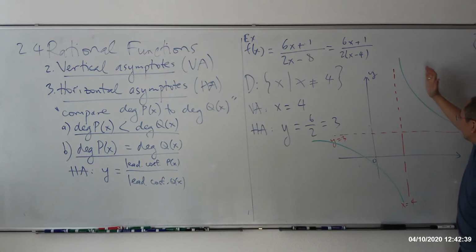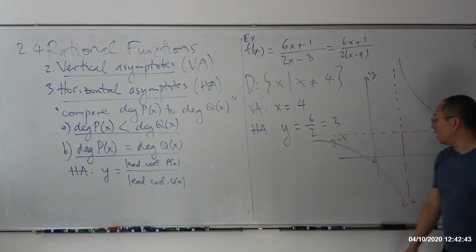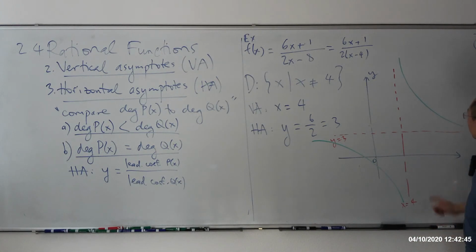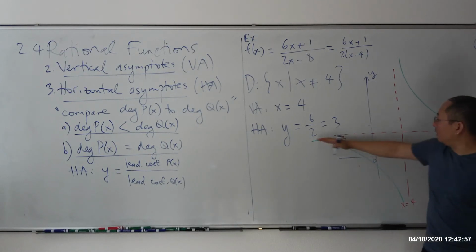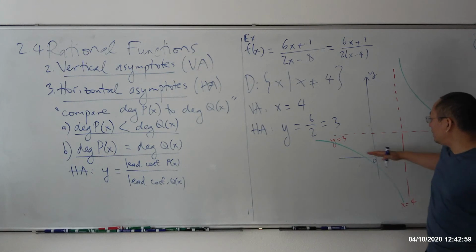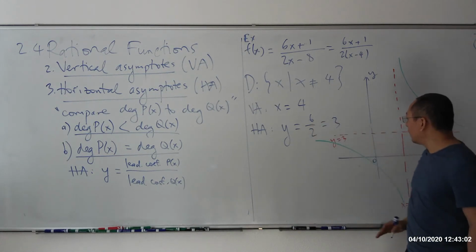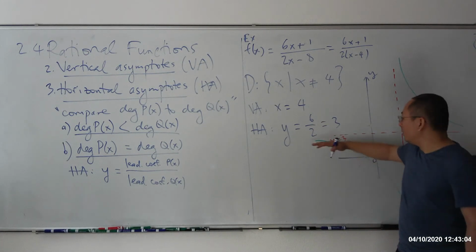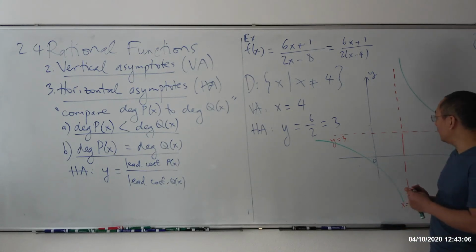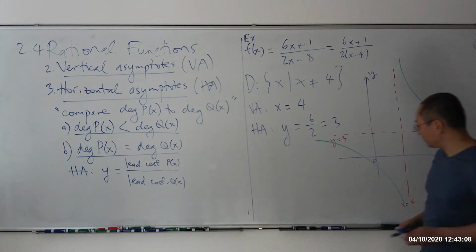One is on the right hand side of the line x equal to 4, another one is on the left hand side of the vertical line x equal to 4. And when x goes to positive infinity, the graph is approaching the line y equal to 3 from above, but never touches. And when x goes to negative infinity, the graph is getting closer to the line y equal to 3 from below, but again, never intersects, never touches. Okay?